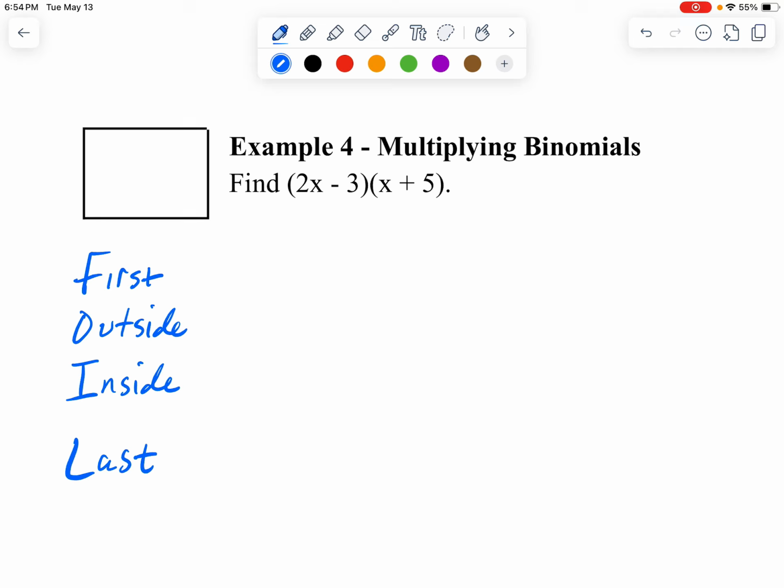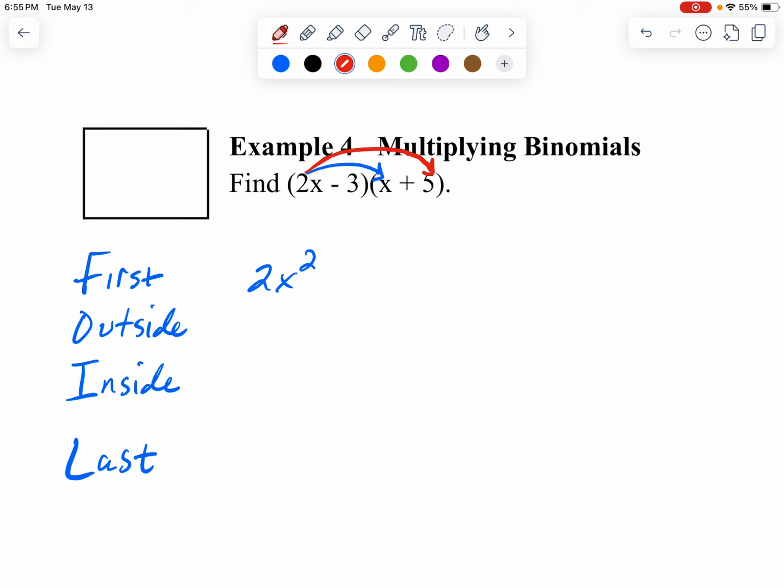And that's just a way to do this process to make sure that we don't forget anything. So first means I'm going to take the first term here times the first term there. So 2x times x. So that would be 2x squared. Outside, outside, that means the outside two terms. So 2x is on the outside and 5 is on the outside.